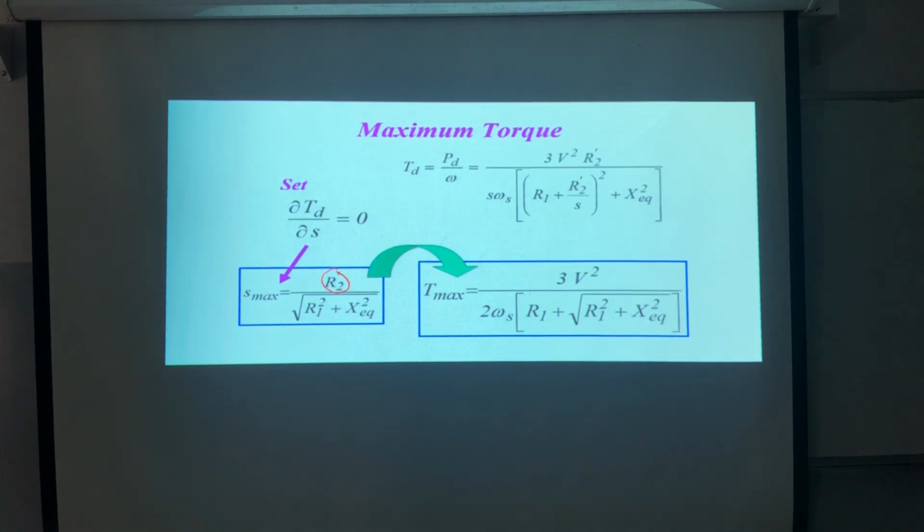Let's assume that I'm having the following torque speed characteristic. That's replotted like this one. This is a standard torque speed characteristic, correct? So here, this is the torque, and this is the speed and slip, correct? Now this is the T max, S max, correct?